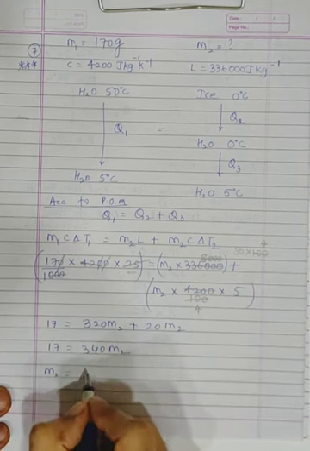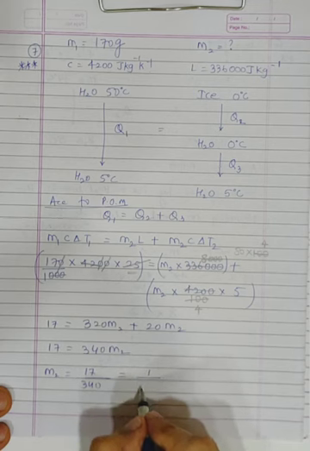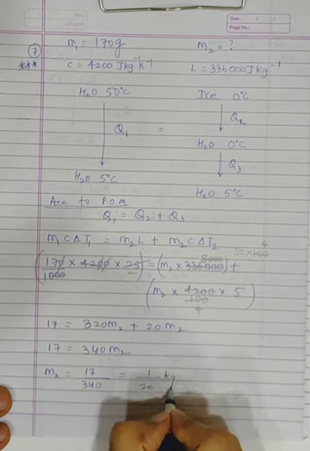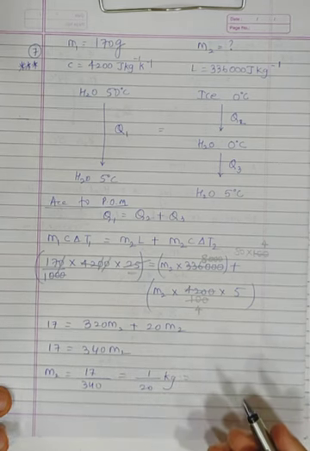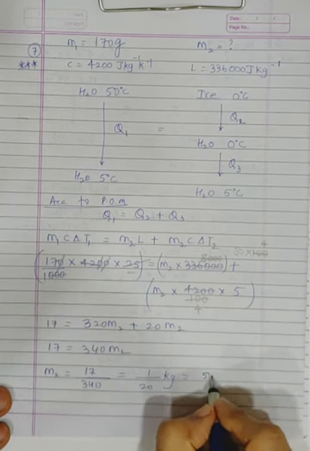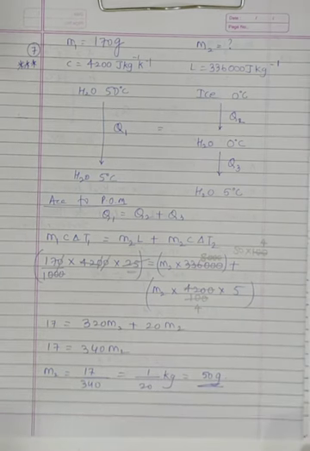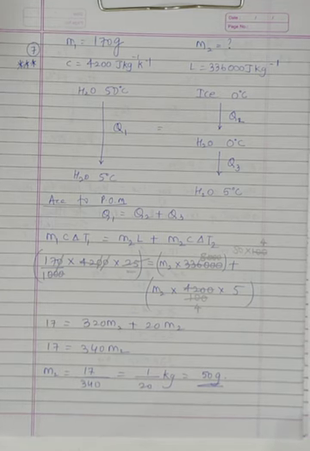What is M2 equal to? 17 upon 340, 1 upon 20 kg, which is equal to how many grams? Into 1000, so that becomes 50 gram. That's your answer. I'm writing the answer in gram because the quantity is too small otherwise. But the answer in the textbook is coming 90 gram, so something went wrong. Guys, some calculations are wrong here.